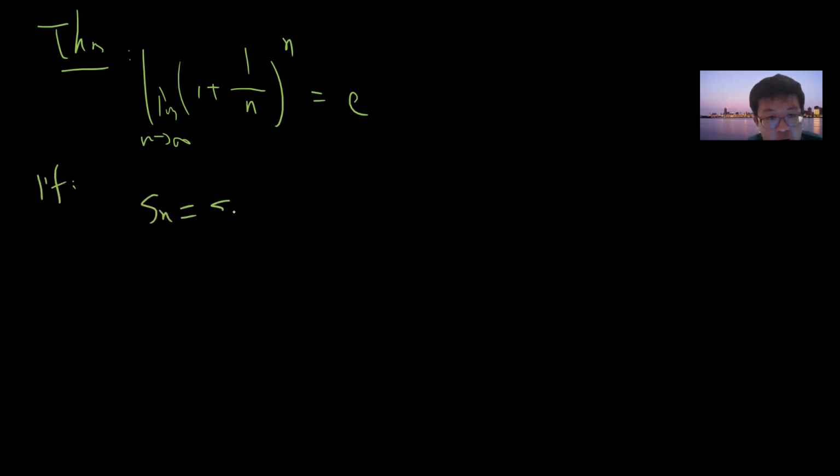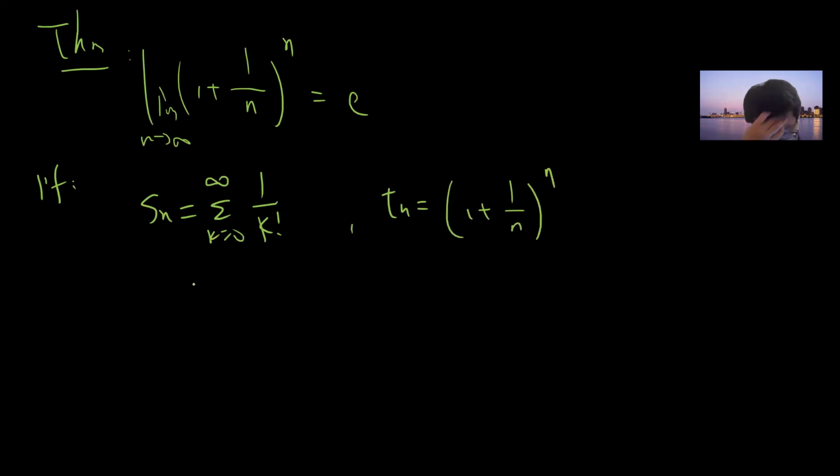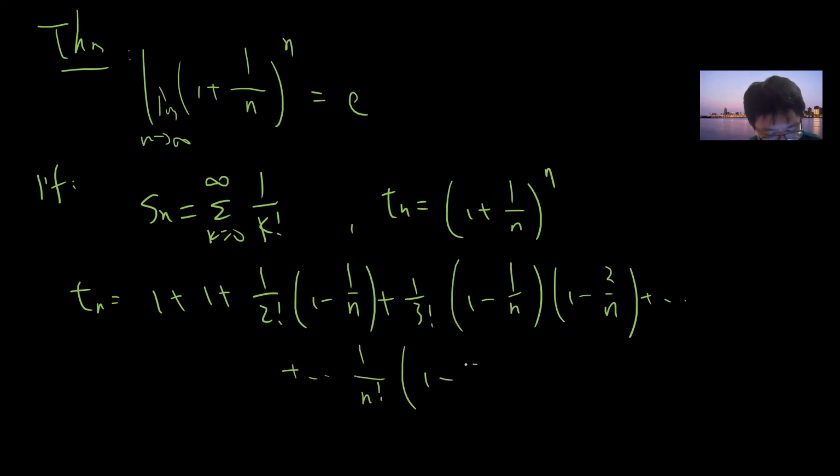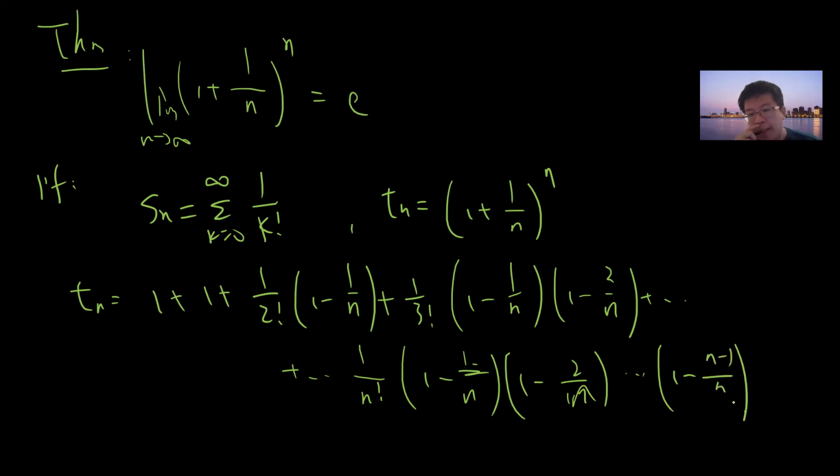So S_n is, let's say, the sum of 1 over k factorial from 0 to n. T_n is (1 plus 1 over n) to the n. So let's use the binomial expansion on T_n. So you get 1 plus 1 plus 1 over 2 factorial times (1 minus 1 over n), plus 1 over 3 factorial times (1 minus 1 over n)(1 minus 2 over n), up to 1 over n factorial times (1 minus 1 over n)(1 minus 2 over n) up to (1 minus (n minus 1) over n).